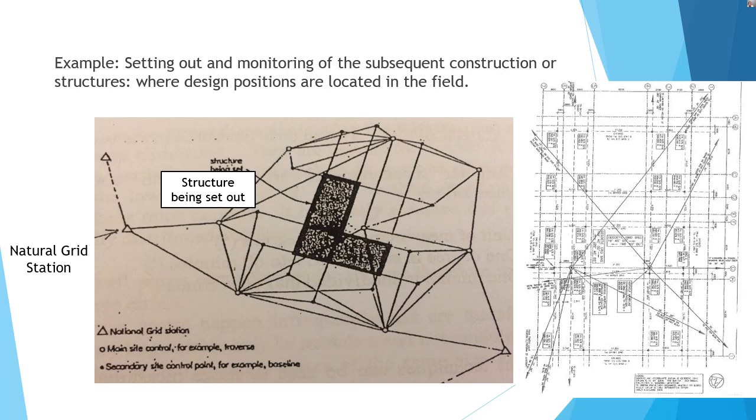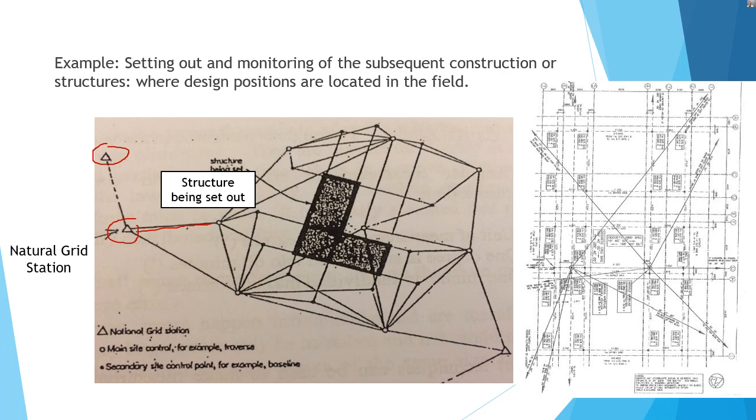Once you want to do the setting out, you see that you need to have the control points. So these reference points will have the coordinates. And from these coordinates, you can then link your buildings to these coordinates.